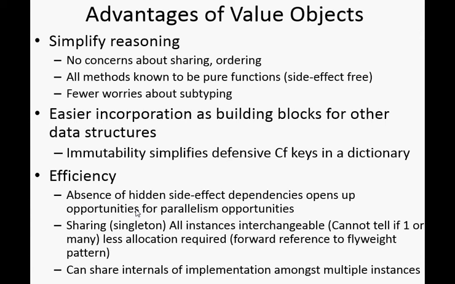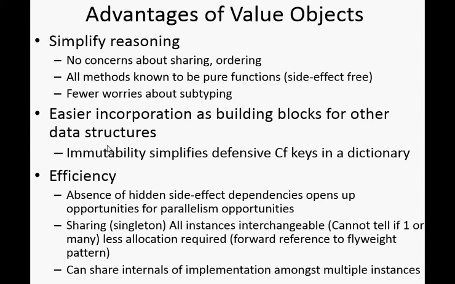And indeed for subclassing. One of the most important things that I'm going to emphasize shortly is that these can be used as building blocks for other data structures more easily. It really simplifies our life, building something out of an immutable object rather than a mutable object.